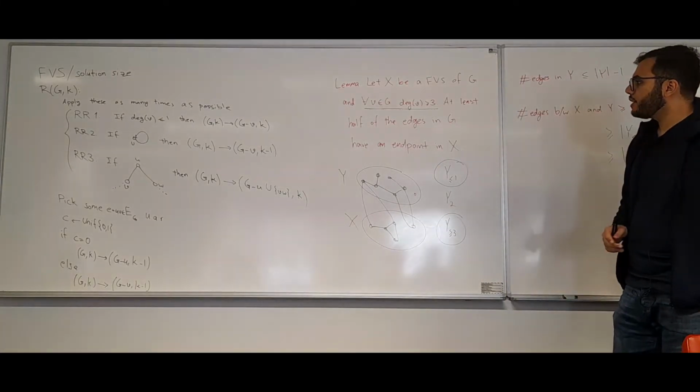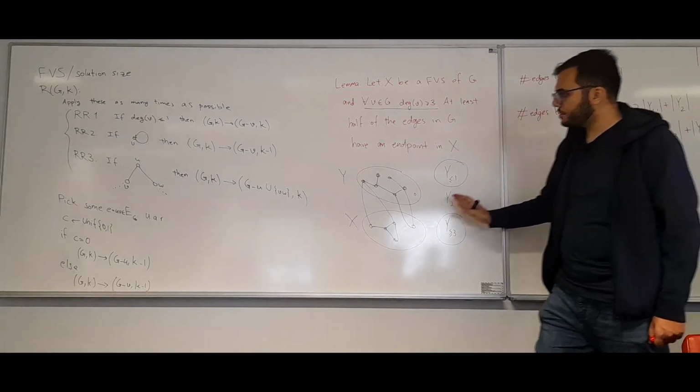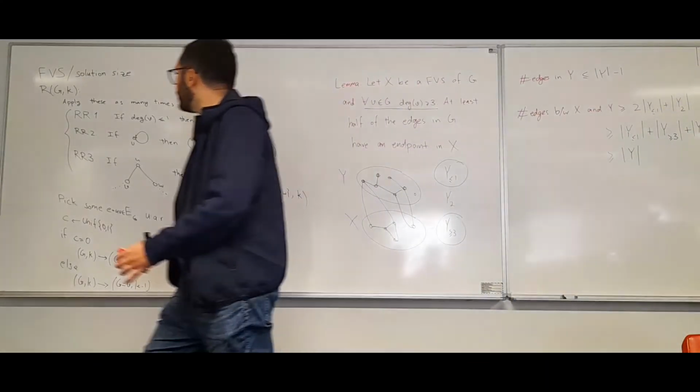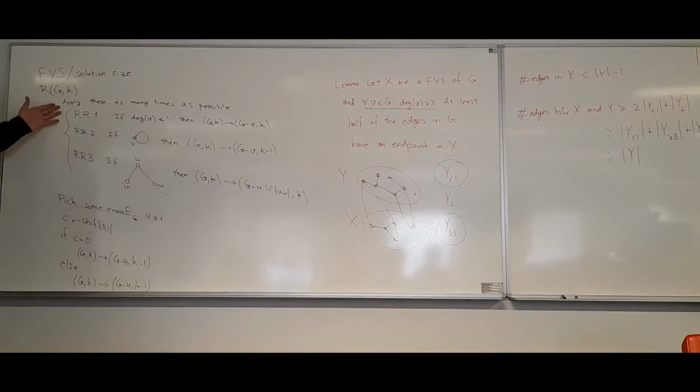Okay, so how can I use this lemma to analyze this algorithm now? I'm applying these rules, and after I apply these rules, I just see that if I pick some edge uniformly at random, with probability half, that edge is going to have at least one of its endpoints in my solution x, right?